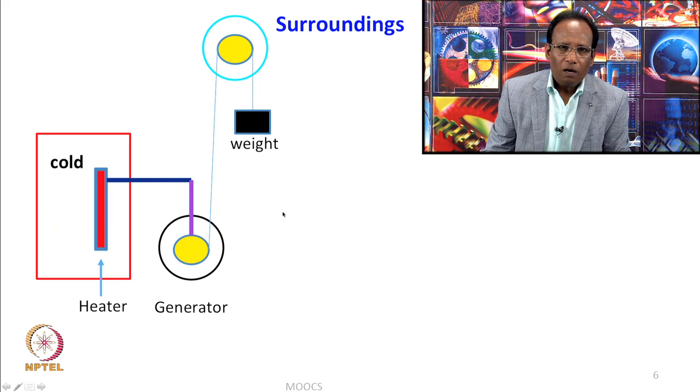And let us say when the weight falls, the potential energy can be converted into heat energy, through a generator which can pass electric current through the heater, and it can transfer heat energy to the molecules or atoms of the surrounding.